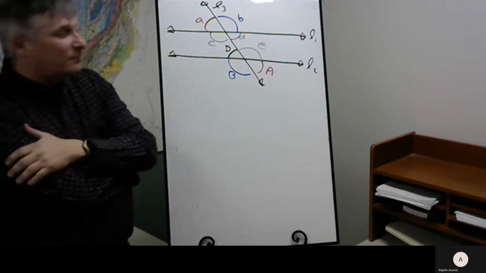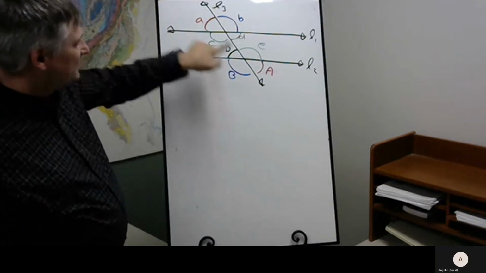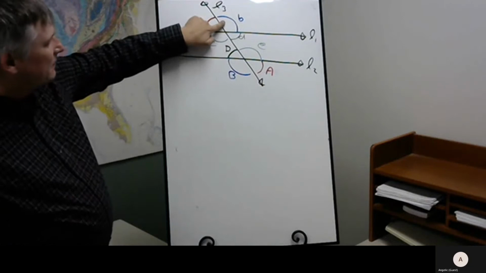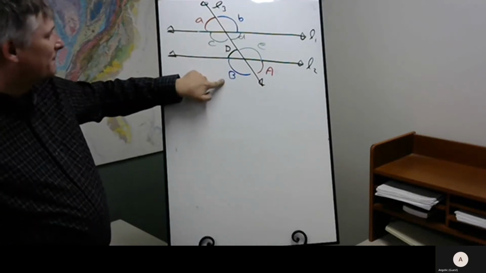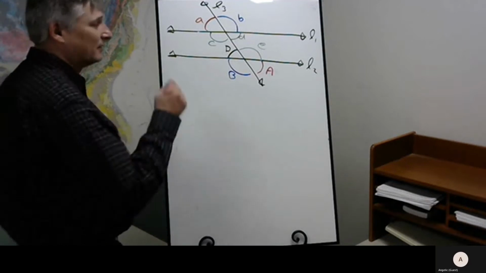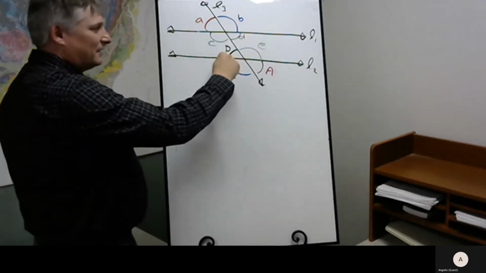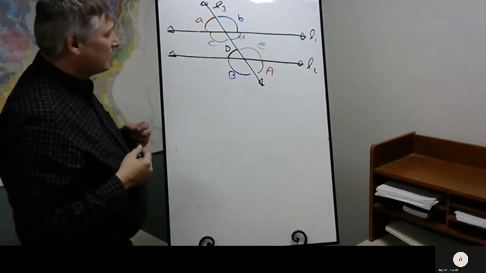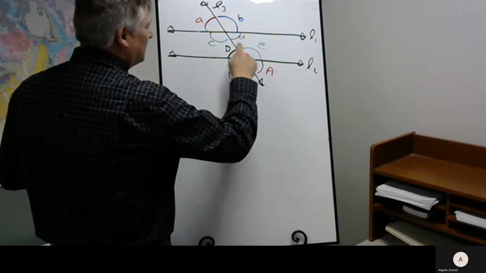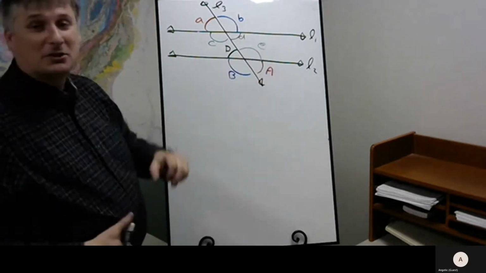So just to review, if we think about alternate exterior, this A is the same measure as this A. This B is the same measure as this B. Now let's go back to alternate interior. On the inside of the parallel lines, this D equals this D, the alternate angle. And again, inside the parallel lines, this C equals this alternate angle C over here, capital C, little curly Q on top of it.